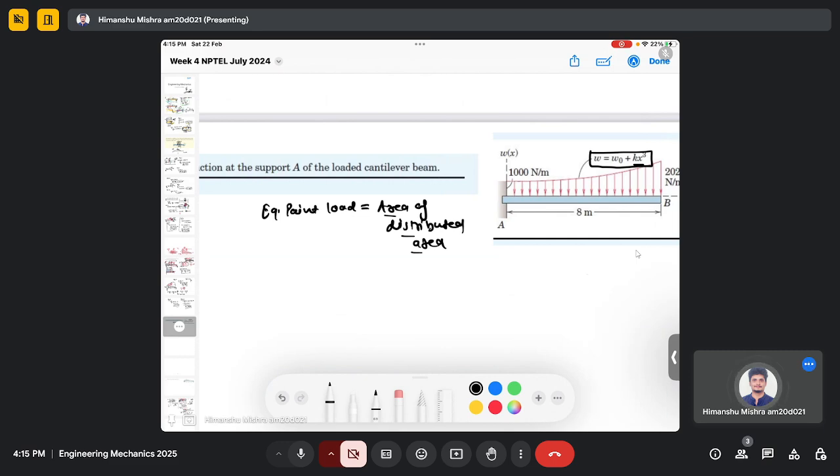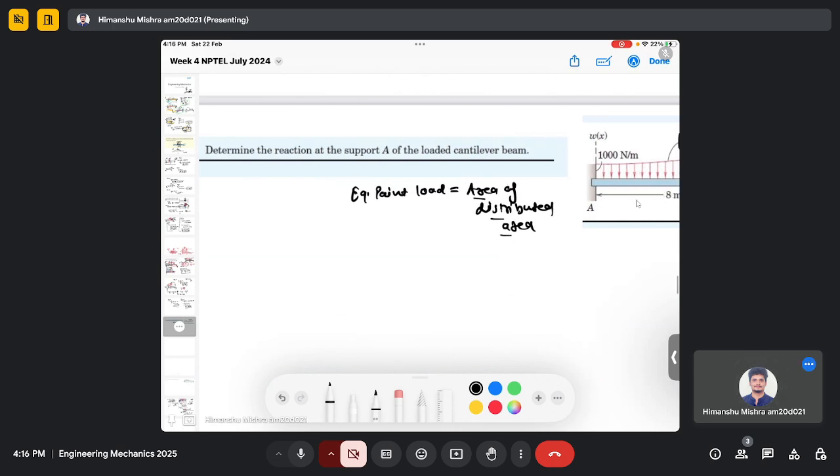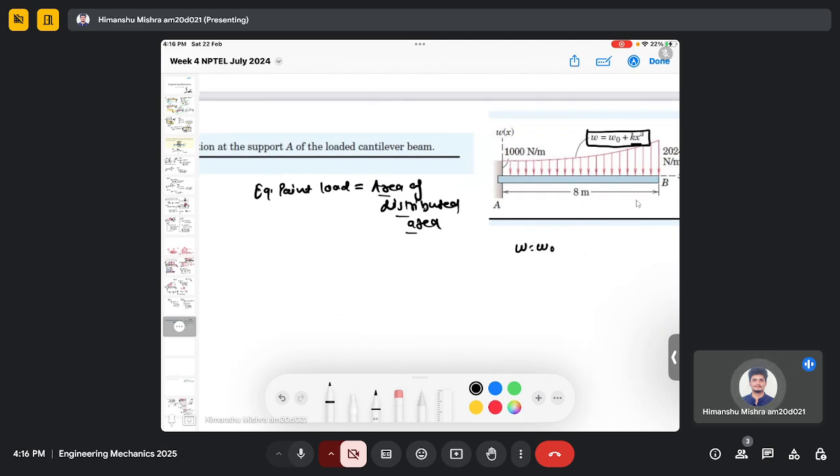But now, since the force is varying non-linearly in x, we can use calculus to find the area. In mathematics, we know how to find the area under curves. So if the curve is represented by w naught plus kx cube, the area under this curve will give the equivalent point load.